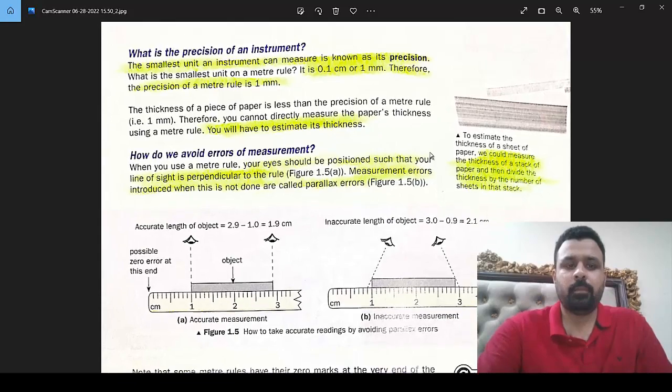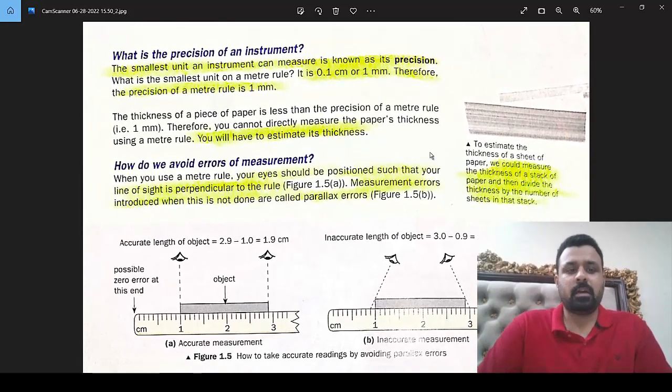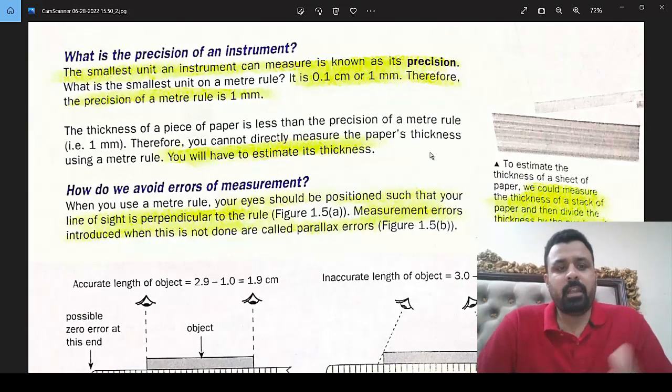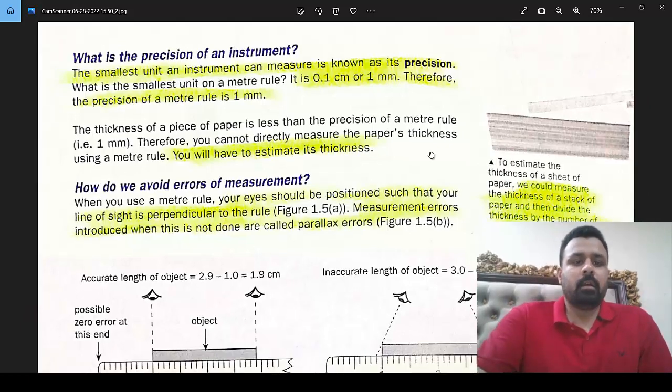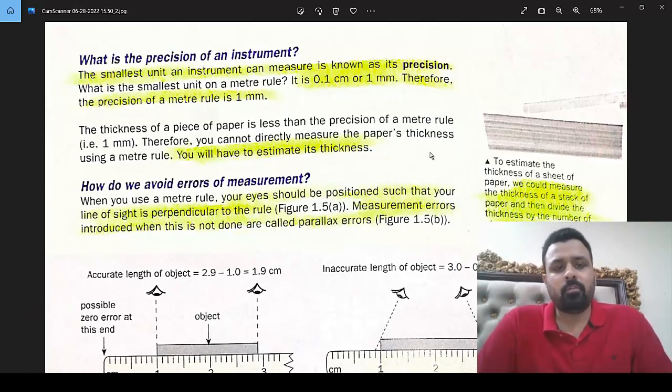So what is meant by the precision of the instrument? The precision is the smallest unit of an instrument that can measure length, or the limitation of the instrument, that is, up to how much extent an instrument can measure. Its value is 0.1 centimeter or 1 millimeter in the case of a meter rule, and this is the smallest value that we can measure through a meter rule.